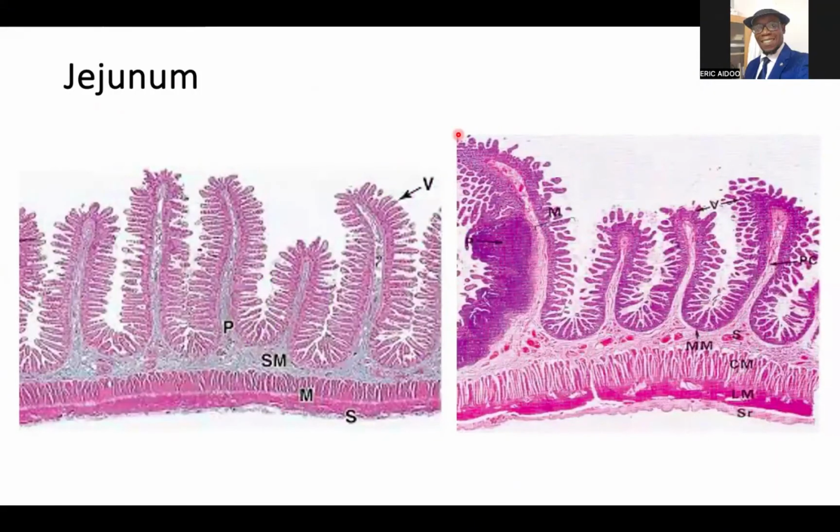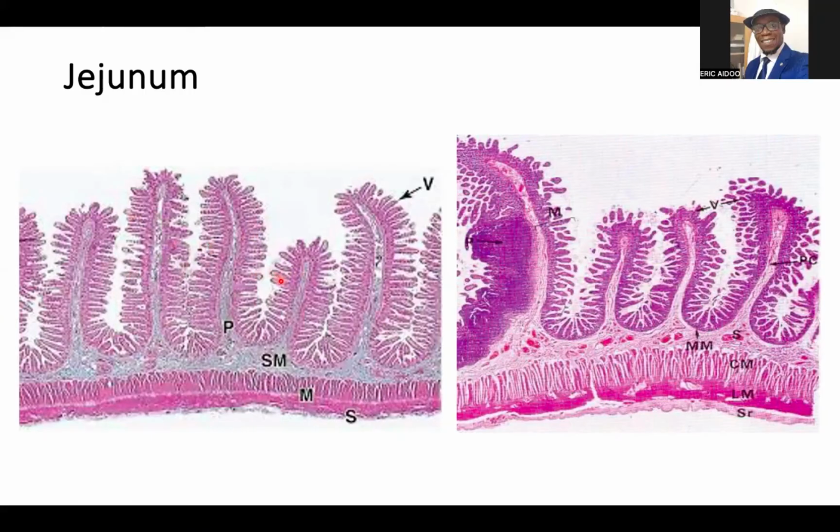So we now look at a portion of the jejunum. It has this characteristic appearance, so you won't miss it. Very characteristic. The villi are very, very numerous.